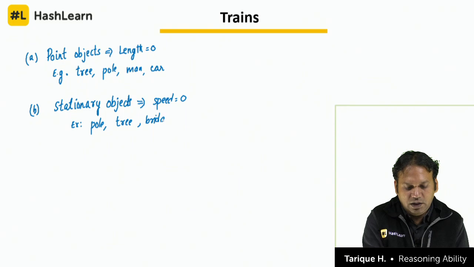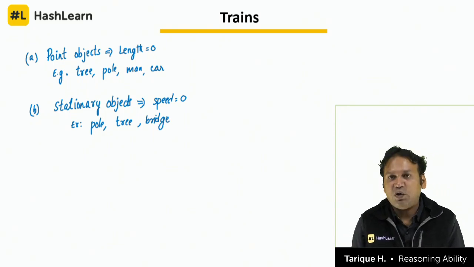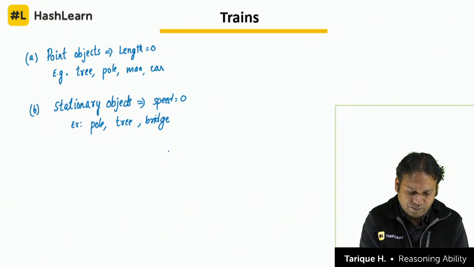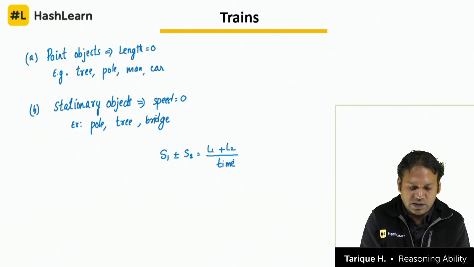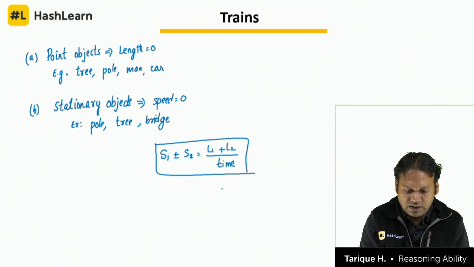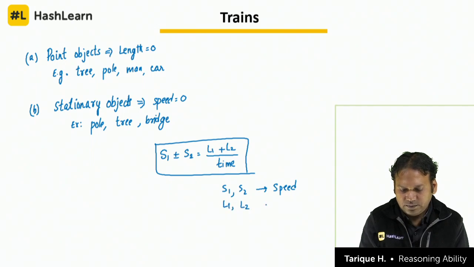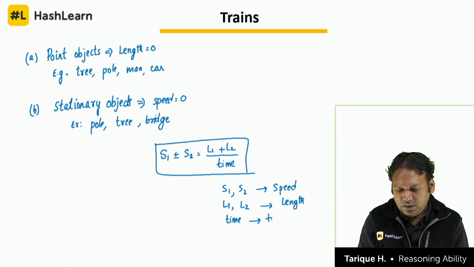Now we don't need to learn newer formulas for solving questions on trains. We will just learn one formula, and that will solve all questions on trains. S1 plus minus S2 is equal to L1 plus L2 by time, and this one formula will help us in solving all questions on trains, where S1 and S2 are speeds, L1 and L2 are lengths of the objects, and time is the time taken to cross.